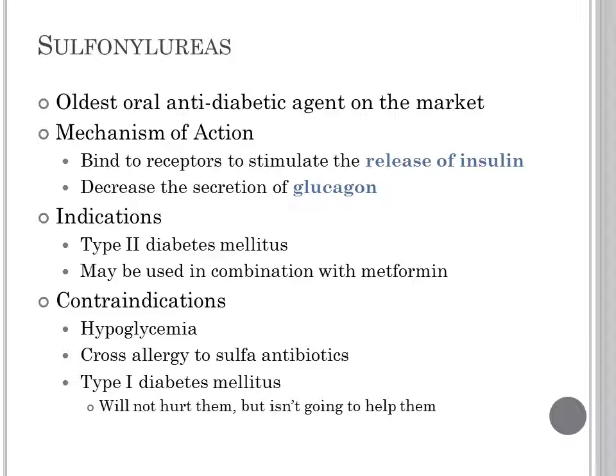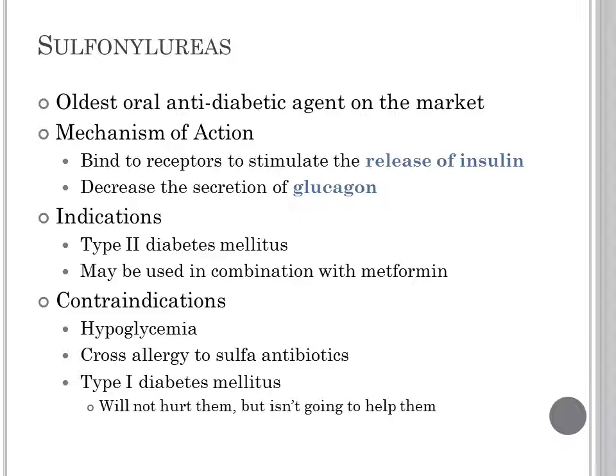Metformin was working largely on the liver to help control the liver and prevent the liver from doing crazy things. These medications are actually going to work on the pancreas. And what they do is they bind to the beta receptors and they stimulate the release of insulin. Another helpful hint, if I tell you a medication stimulates the release of insulin, or mimics insulin, be thinking that it can cause hypoglycemia.